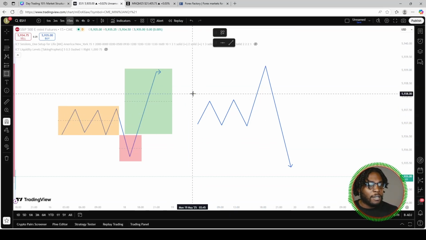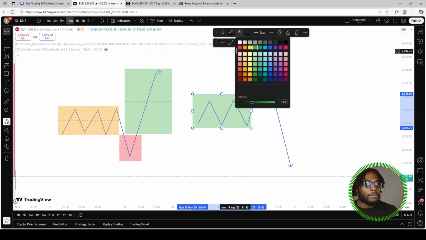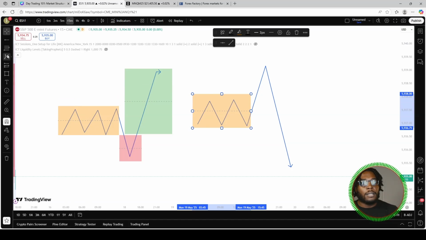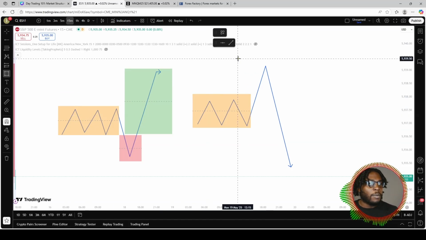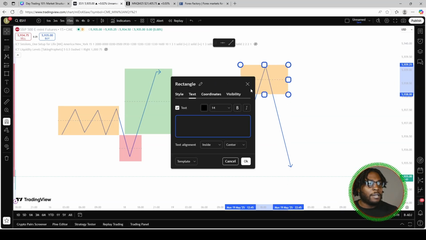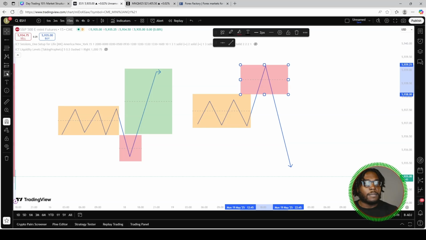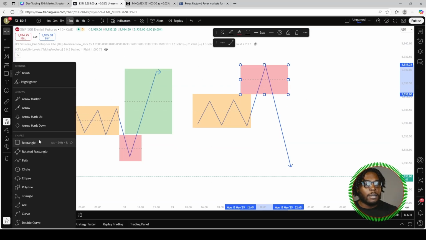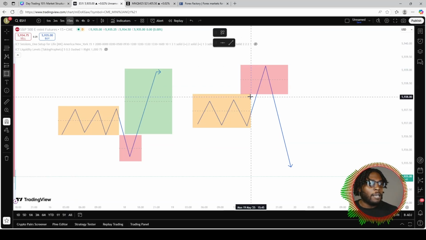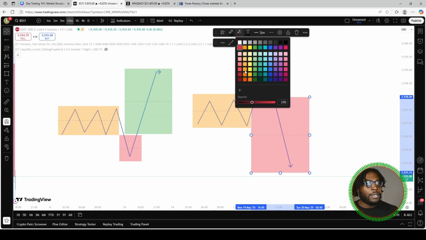Like I mentioned, we have our accumulation right here. Then we have our manipulation at the top end. And then boom, we have our distribution down to the sell side for shorts.